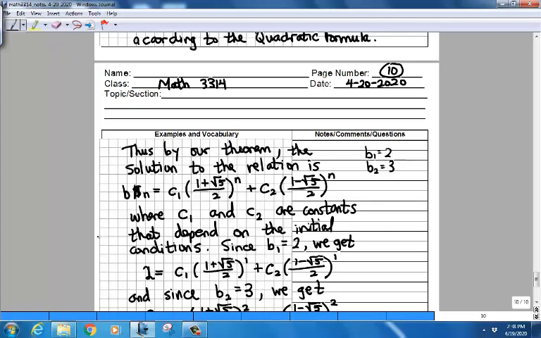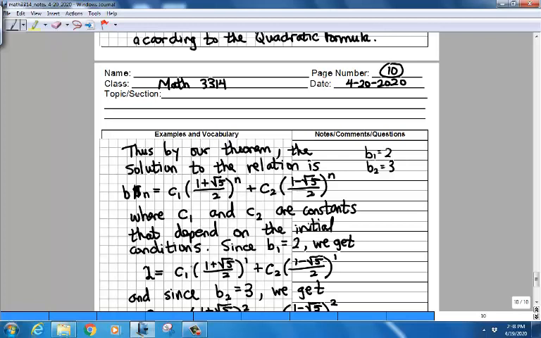So what I'm going to do now is fill in b sub 1 equals 2 and b sub 2 equals 3 into this formula. I'm going to put in 2 for b sub 1 on the left-hand side of this equation, and put 1 in for the exponent on the right-hand side.